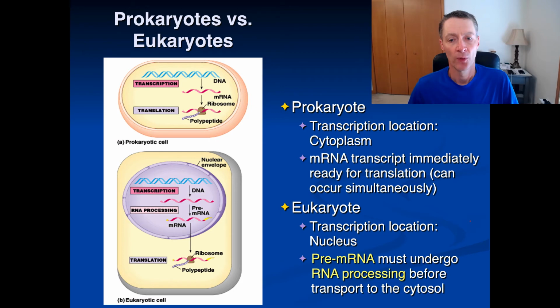Now, another huge difference would be the fact that there is non-coding information in a eukaryotic gene. And that non-coding information would still be in an RNA transcript when that RNA transcript is produced through transcription.